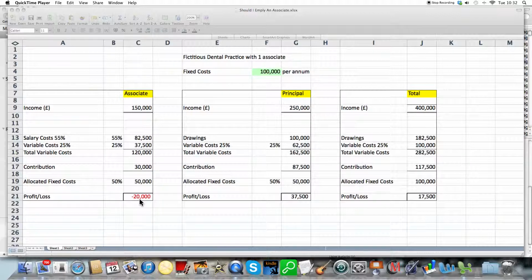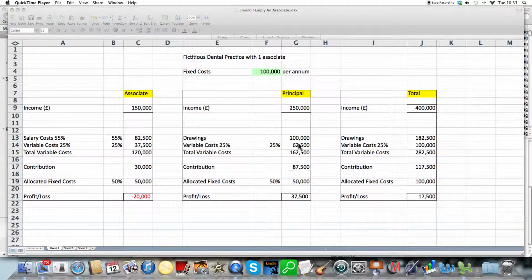Is that correct? Well, the simple answer to that is no, that's absolutely not correct. And I'll show you why. Over we go to yourself, the principal. You're doing very well. You're generating £250,000 of income. You're drawing a salary of £100,000 a year. Hopefully you'll have a nice profit at the end of it to add in as well.